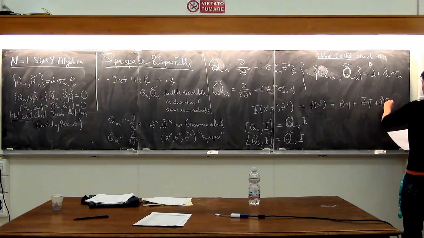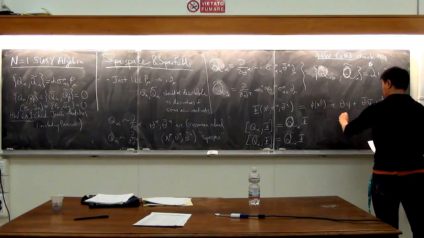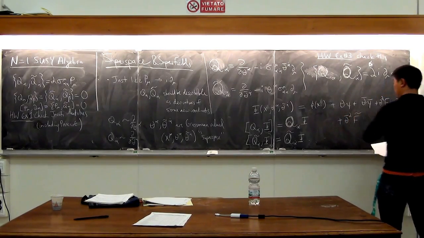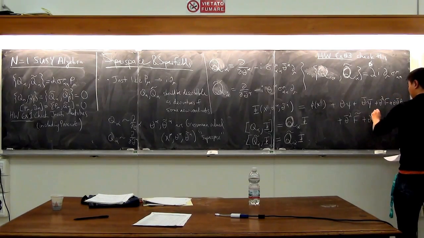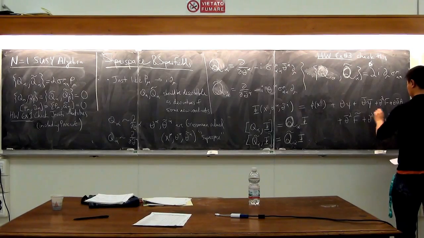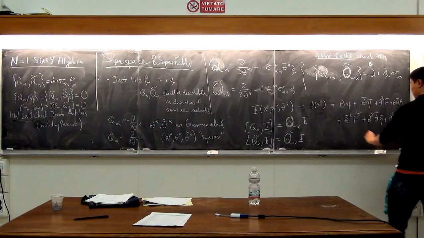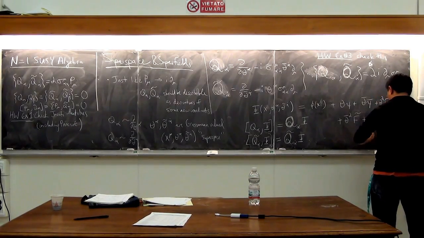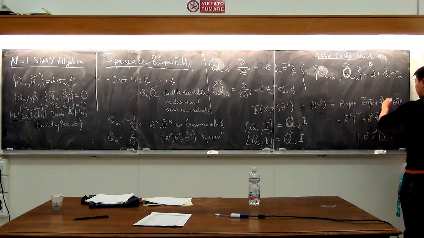At second order I get this. At third order it starts to get smaller. Oh, my bars, my tildes became bars. And then at fourth order, there's only one thing you can do. Lo and behold, all of these are regular spacetime fields, not superfields.